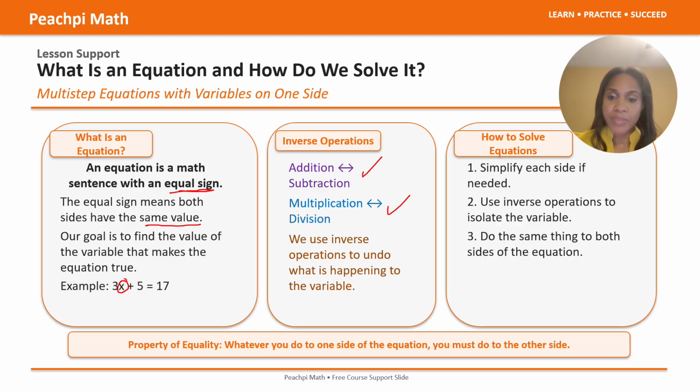And we want to do the same thing to both sides of the equation. We want to keep the equation balanced. And we want to check our answer. We can write it out or just check it mentally. When we check our answer, we should be able to plug in that value that we're given, and it should make both sides equal the same thing.